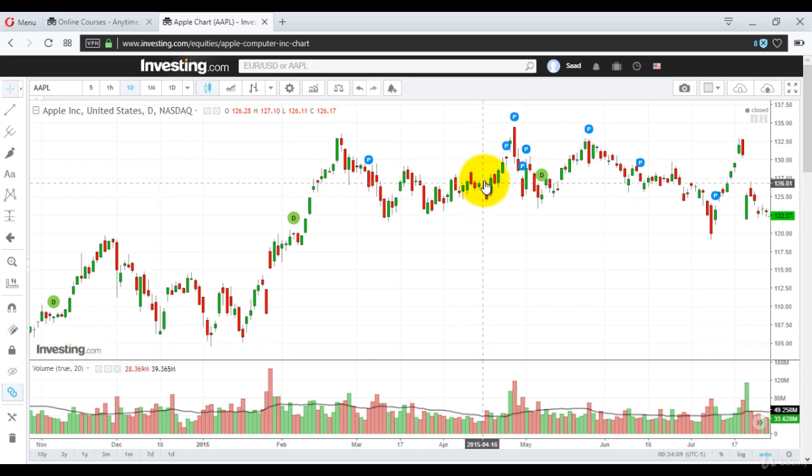The wick or shadow should be 2 or 3 times or higher of the body size of the candle. Number two, if it appears on a resistance level, then it is a long upper shadow and it is an extremely bearish sign.